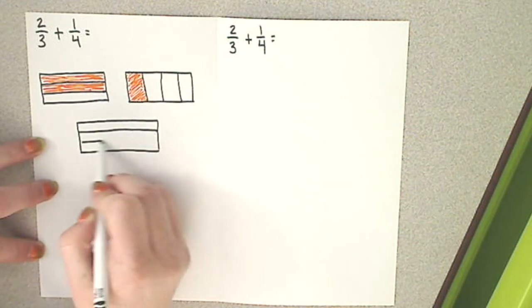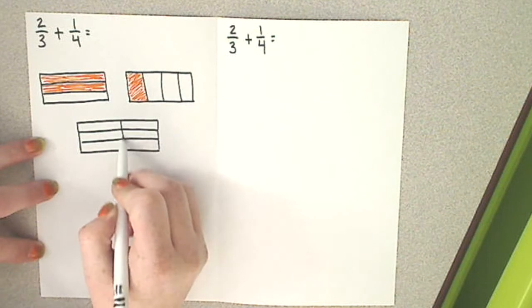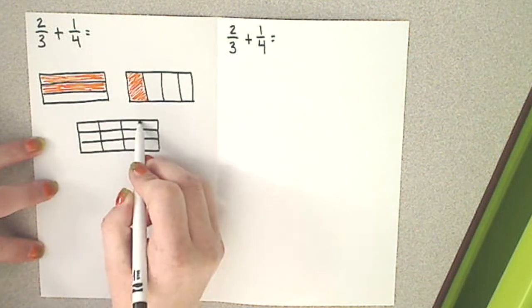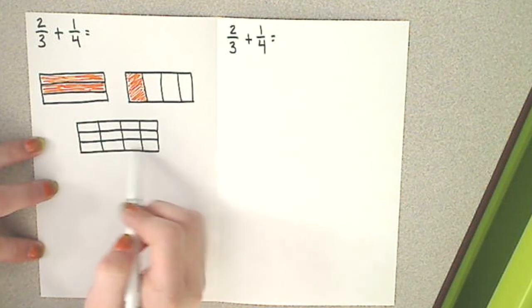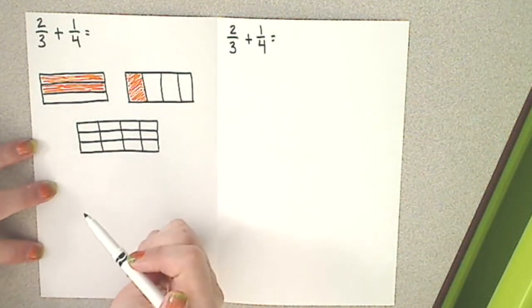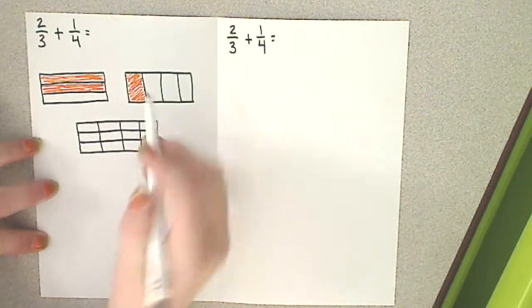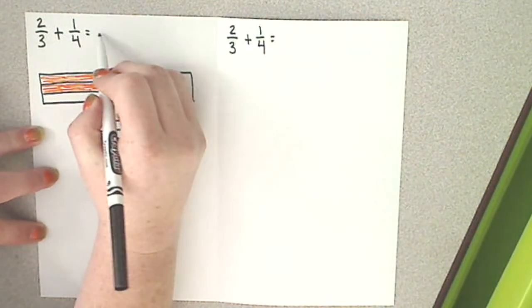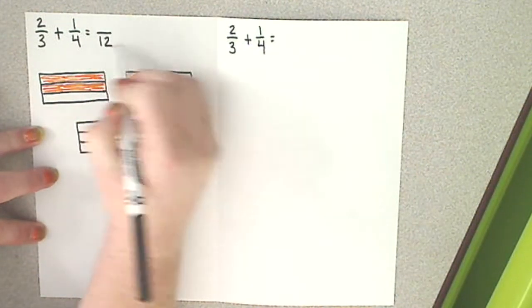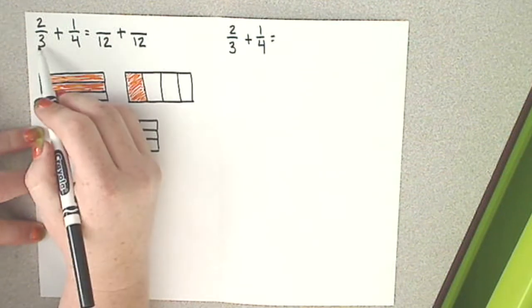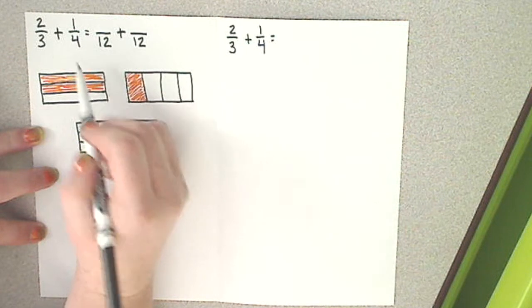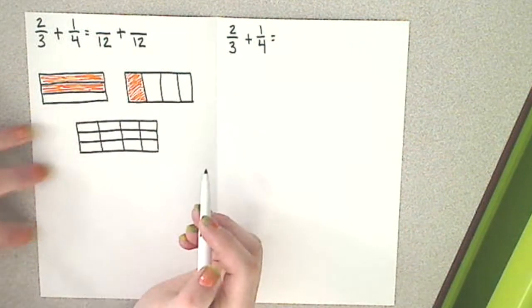There's my thirds. Here's my fourths. And now I have a model with 3 times 4, which is 12 pieces. So we've now turned the denominators into 12. We multiplied 3 times 4 to equal 12 and 4 times 3 to equal 12.